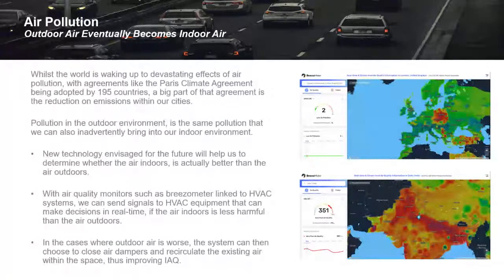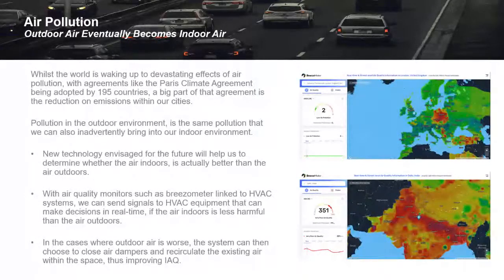So the smart technology is evolving now, and evolving very quickly with the use of the internet. There's a system available now and implemented in some people's technologies these days, which can talk to our HVAC systems in real time.